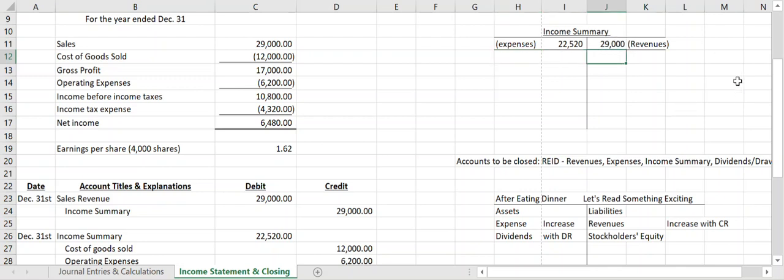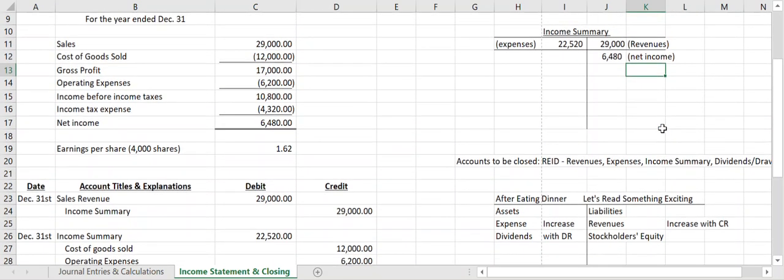So we're going to have a credit balance of $6,480, which represents our net income. So it essentially, again, has summarized our income statement. It has our revenues, all of our expenses, and we're left with the net income value. So revenues, expenses, the difference is either net income or net loss.